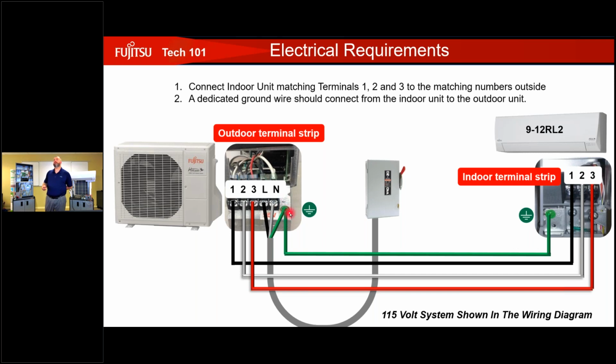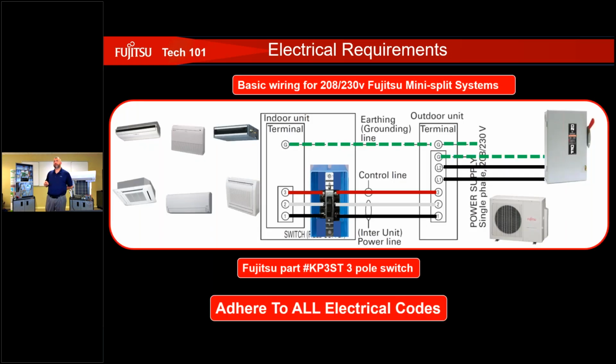This is a DC ground in the 208, 230 system. On the 110 system, which this is, that's just a regular ground, because we don't need the DC ground in this type of application. It's just an earth ground. So when we move over to the 208, 230, this ground here is actually a DC ground. That's why it's separated from that earth ground.